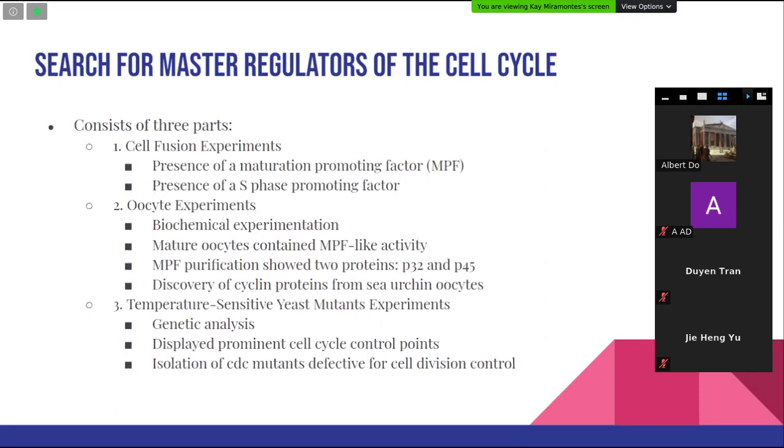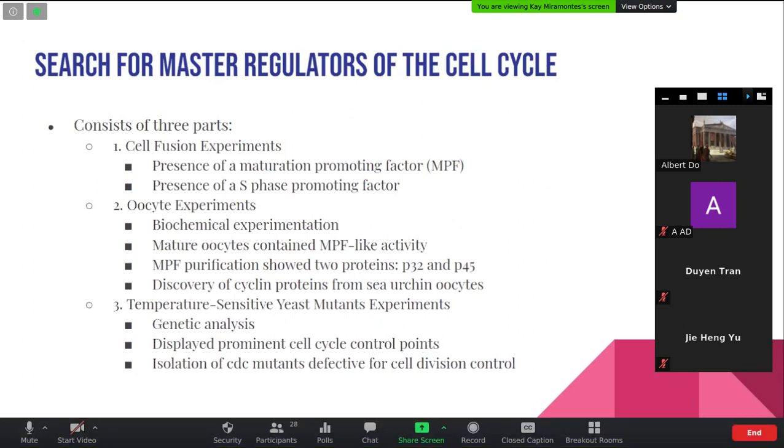The second set are the oocyte experiments, in which biochemical analysis of mature oocytes shows that they contain MPF and the proteins associated with this factor.